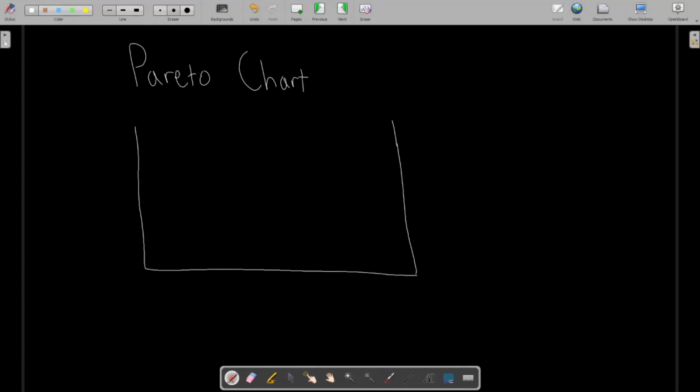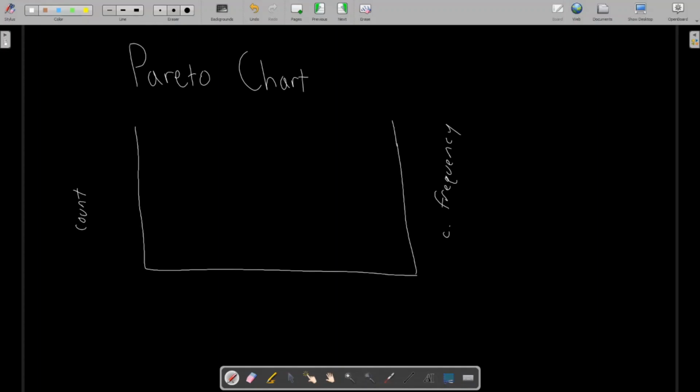On the left side, we'll have the count, which is something that we saw in a lot of plots in the first video. And on the right side, we're actually going to have the cumulative frequency. So put C frequency for short here.